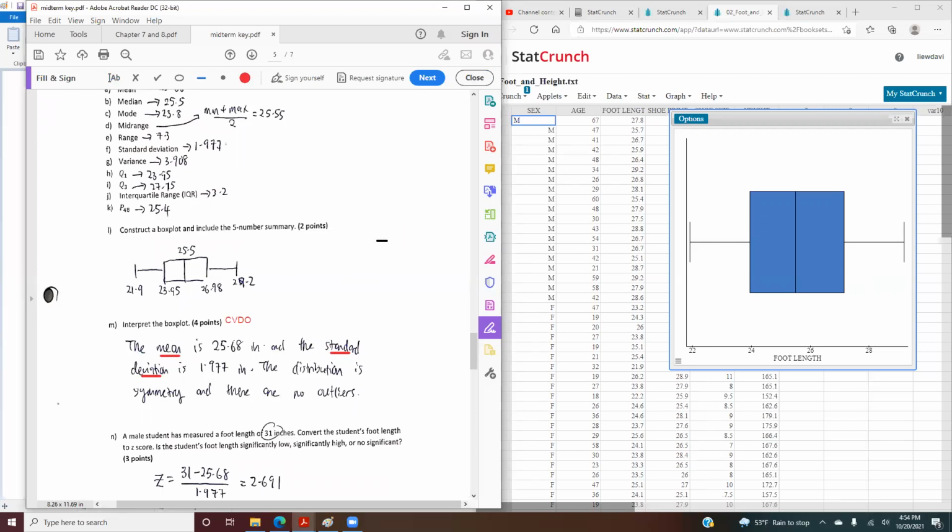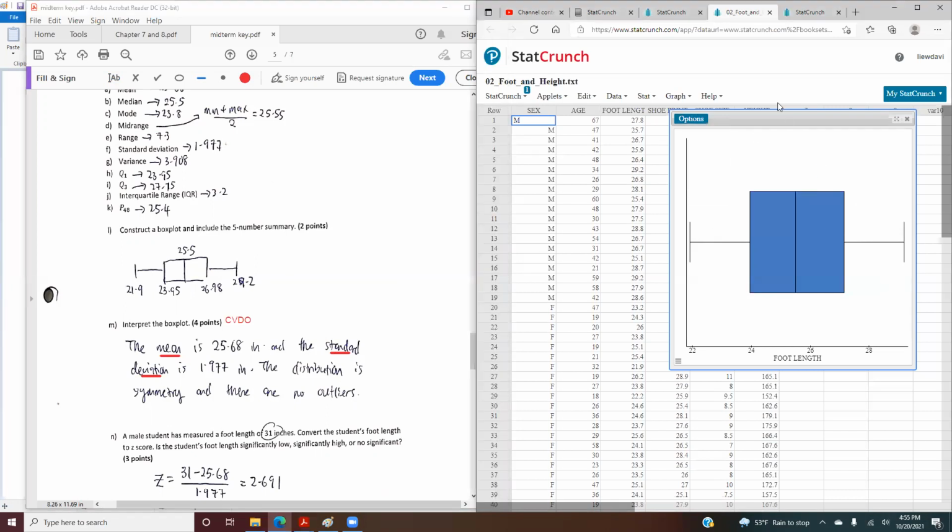I have a question about interpreting the box plot. You told us to hover over the left and the right where the lines are, and a whole bunch of dots came up. There are no outliers here. You only hover when you have outliers.